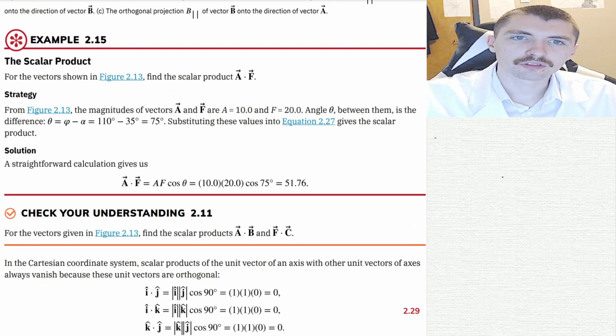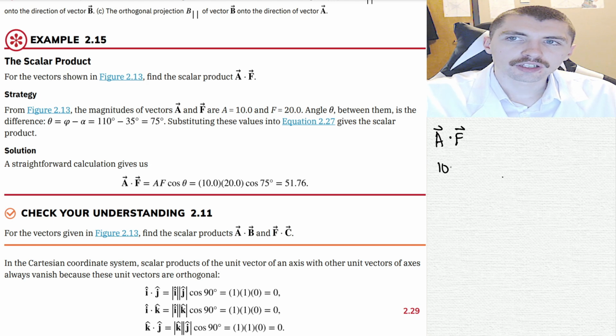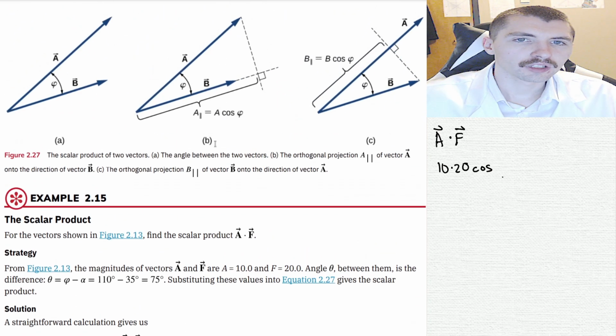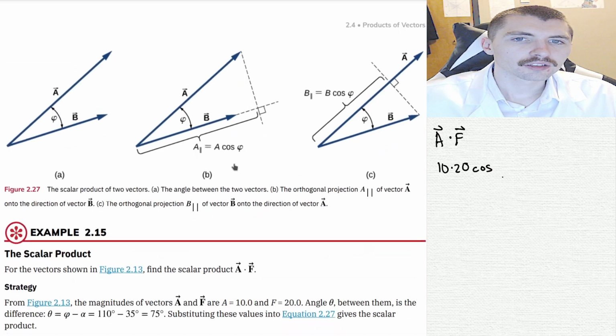Example: find A dot F. Okay, so it is 10 times 20 times cosine of the angle between A and F.